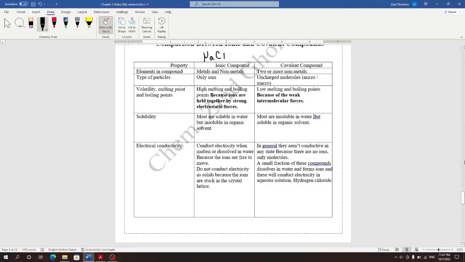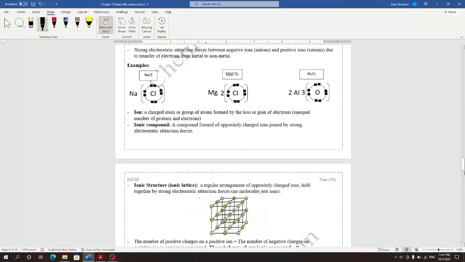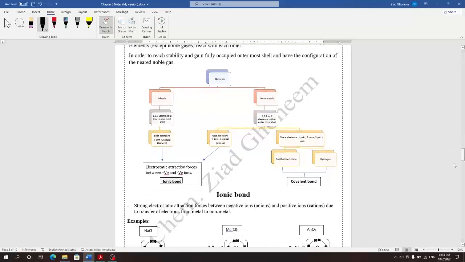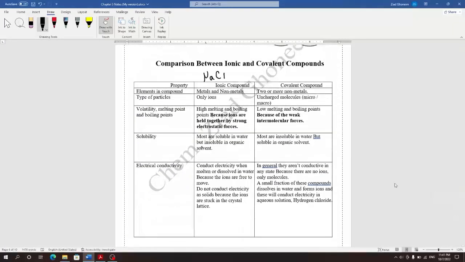Previously we've mentioned that elements can be hydrogen reacting with a non-metal, or a non-metal reacting with another non-metal, right? But in either way, hydrogen is a non-metal, it's a gas. Okay, so here we go. We have two or more non-metals, for example, H2O or carbon dioxide, CO2.